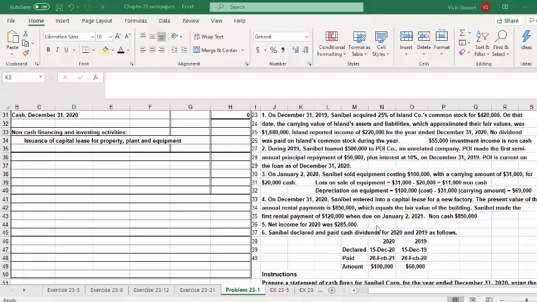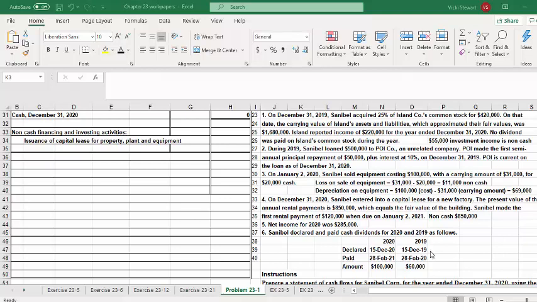We're given the information on net income. The next item is information on the declaration and payment of dividends. So Sanibel declared and paid cash dividends for 2020 and 19 as follows. It's important to look at these dates, because we have to remember that retained earnings is debited when dividends are declared, but we're interested in the dividends that were actually paid in 2020.